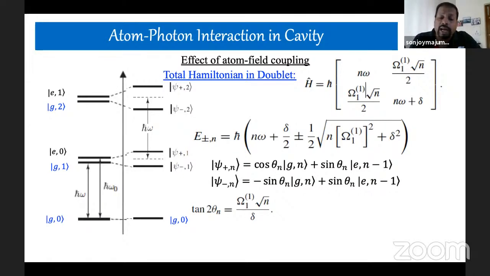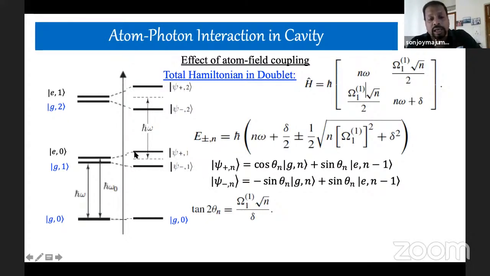And once you get these terms, now you see how the coupling between these two, that E0 and G1, is happening, which will give you the new eigenstates for the Hamiltonian. So the new eigenstates for the Hamiltonian which you are writing are psi plus 1 and psi minus 1, and those will have that coupling.